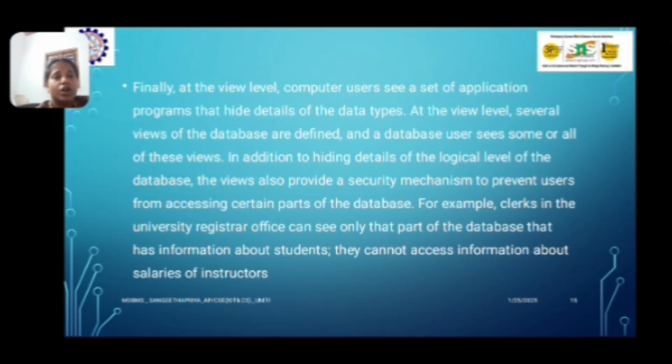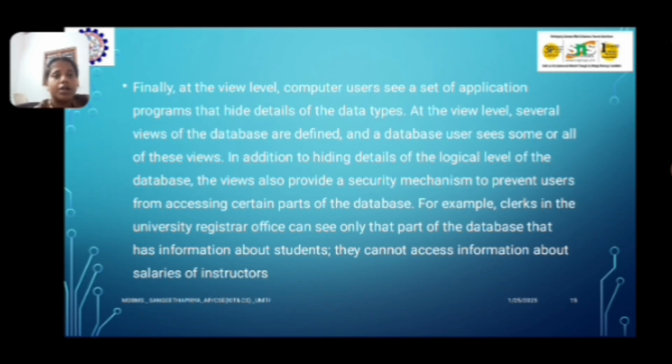Finally, at the view level, computer users see a set of application programs that hide the details of data types. At the view level, several views of the database are defined and a database user sees some or all of these views. In addition to hiding the details of the logical level of the database, the views also provide a security mechanism to prevent users from accessing certain parts of the database.